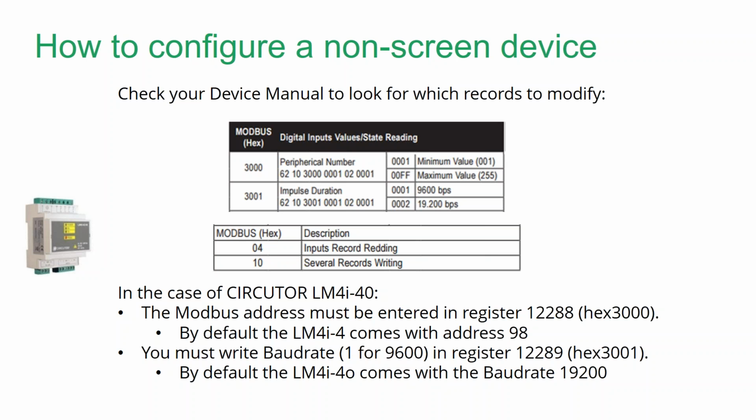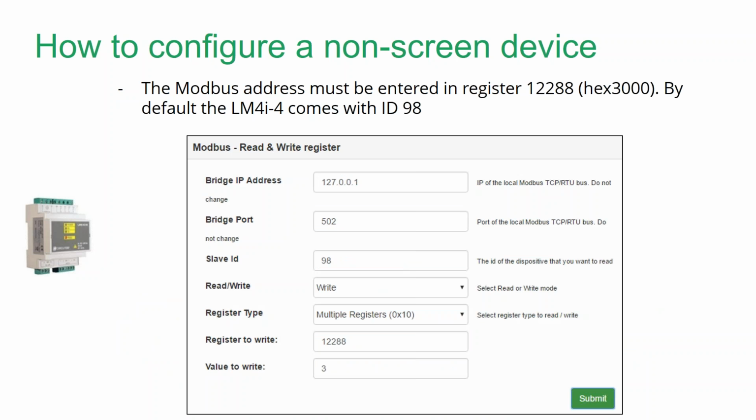So how to do that? With our Modbus read and write registers feature. Another thing is that by default our meter is set to address 98. So I want to change it.